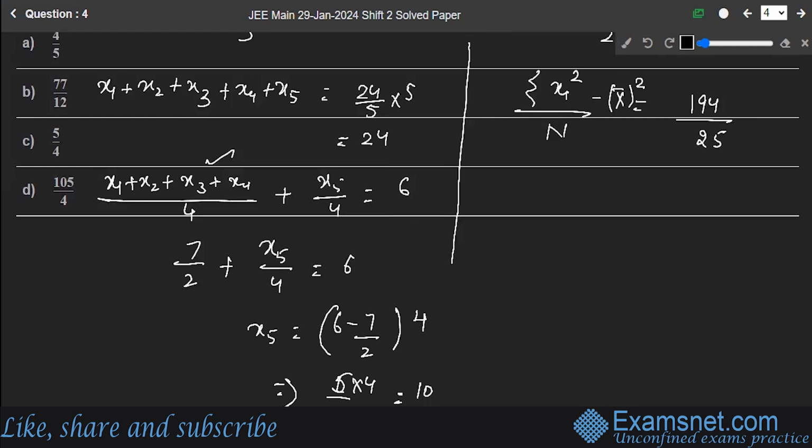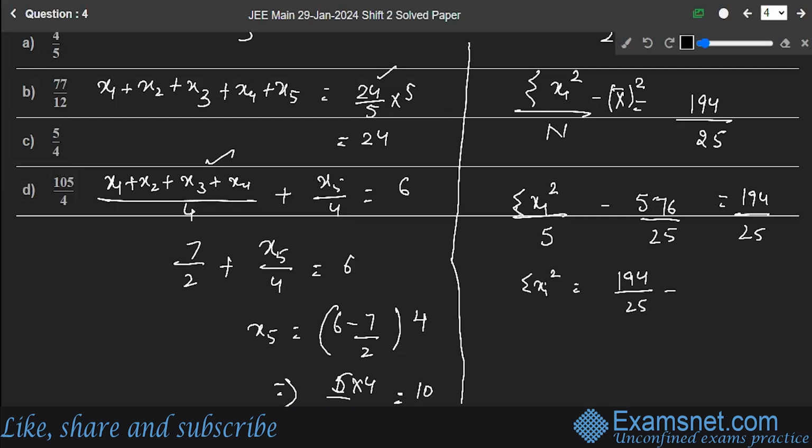All right. I have the 5 terms, correct? So summation xi square upon 5 minus this is equal to 24 upon 5, right? So the square of 24 is 576 upon 25. That's equal to this. Summation xi square is equal to 194 upon 25 plus 576 upon 25, multiplied by 5.